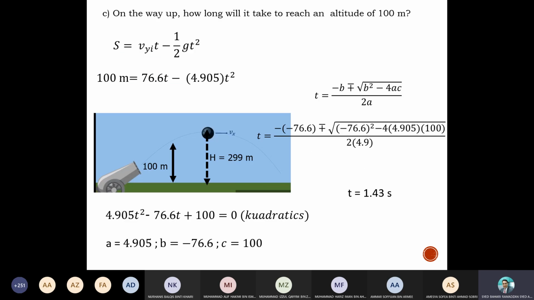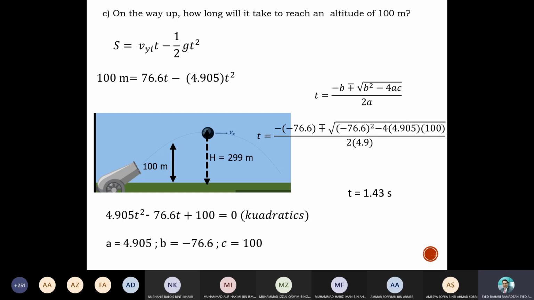And then the last question is: on the way up, how long will it take to reach an altitude of 100 meters? Because we know that the highest point is 299, 100 meters is here to the left, but it can also be to the right. On the right side the value will change, because this is considered upward and this is considered downward. We have learned how the sign works for upward and downward.